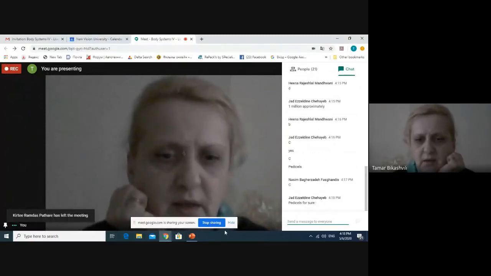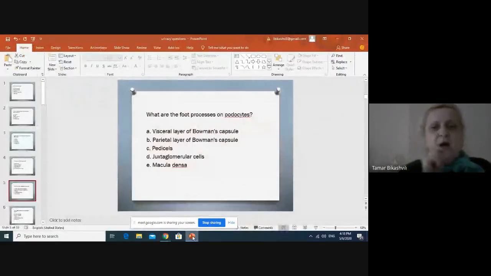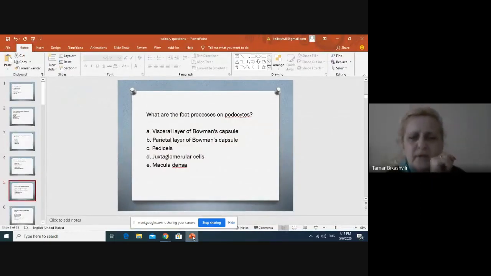C. Yes, pedicels. And the pedicels are secondary processes and they cover the capillary surface.